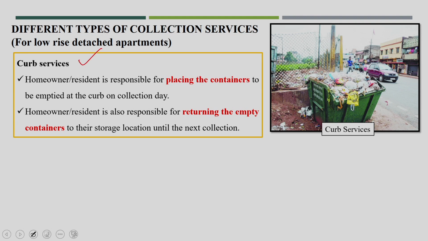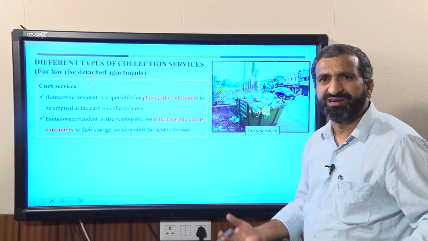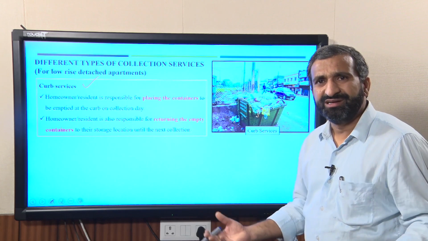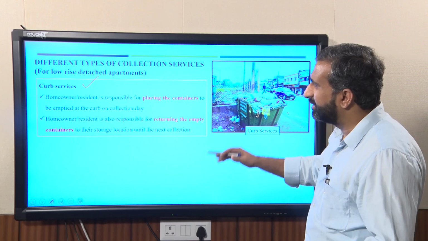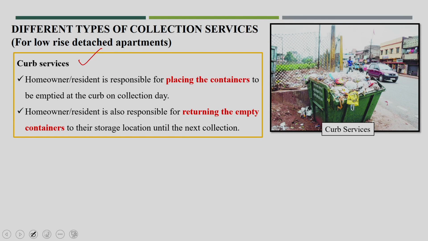Here the house owner or resident is responsible for placing the containers to be emptied at the curb on the collection day. So, you see here the local authorities will finalize some kind of location, and there could be hundreds of different locations in cities where the corporation finds a location and asks the house owners or residents in that particular area to dispose the waste into that location.